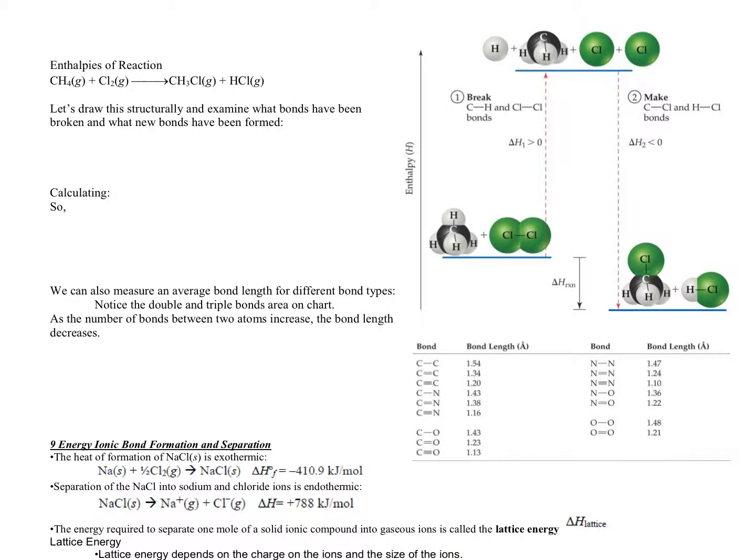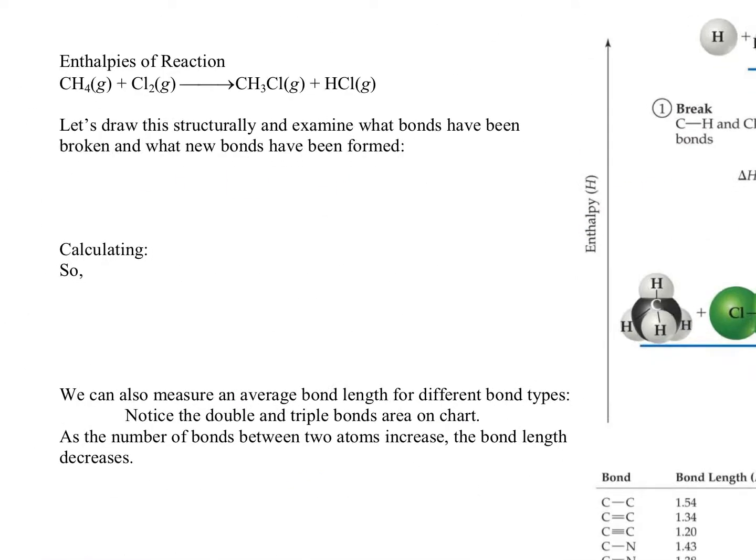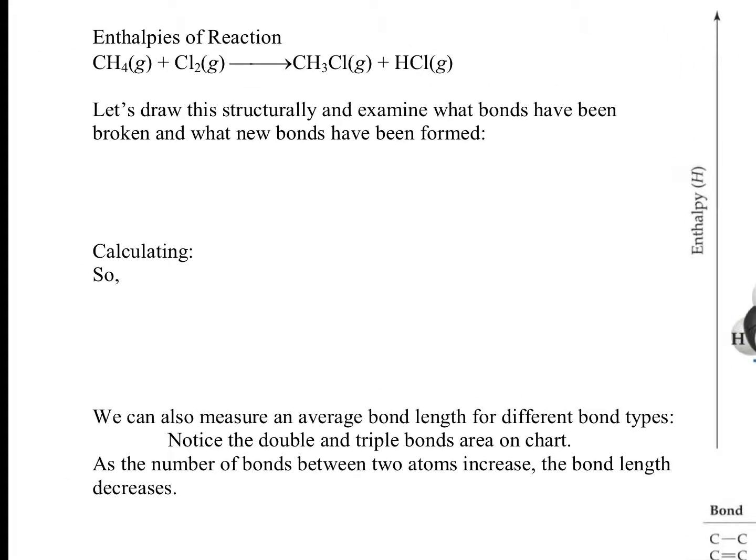So if we're calculating this for a reaction, let's say the reaction between methane and chlorine gas, and these would be our products. If we want to calculate how many bonds are broken and how many bonds are formed, we need a visual of bonds broken and bonds formed, which is when we're going to use our Lewis structures.